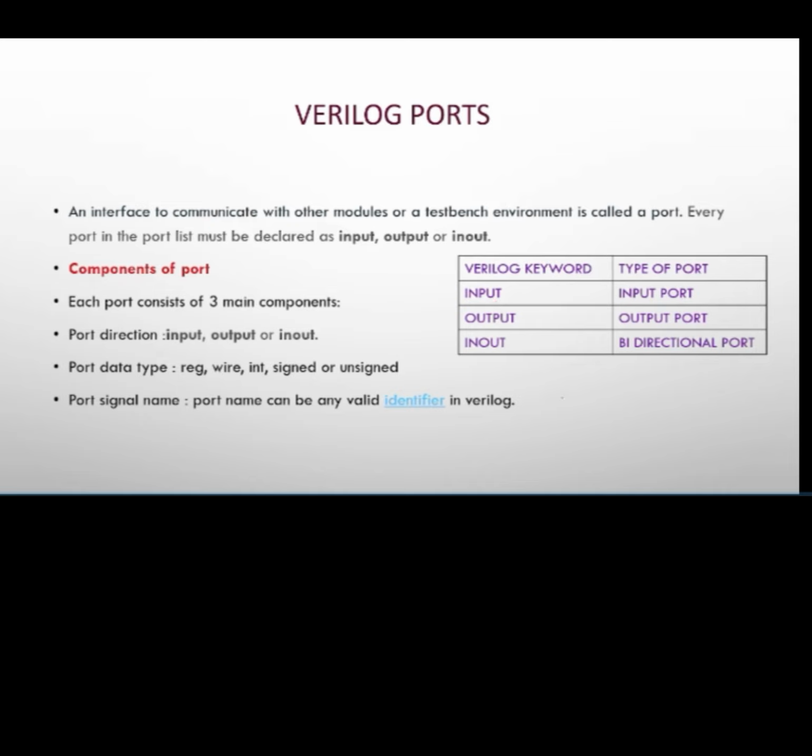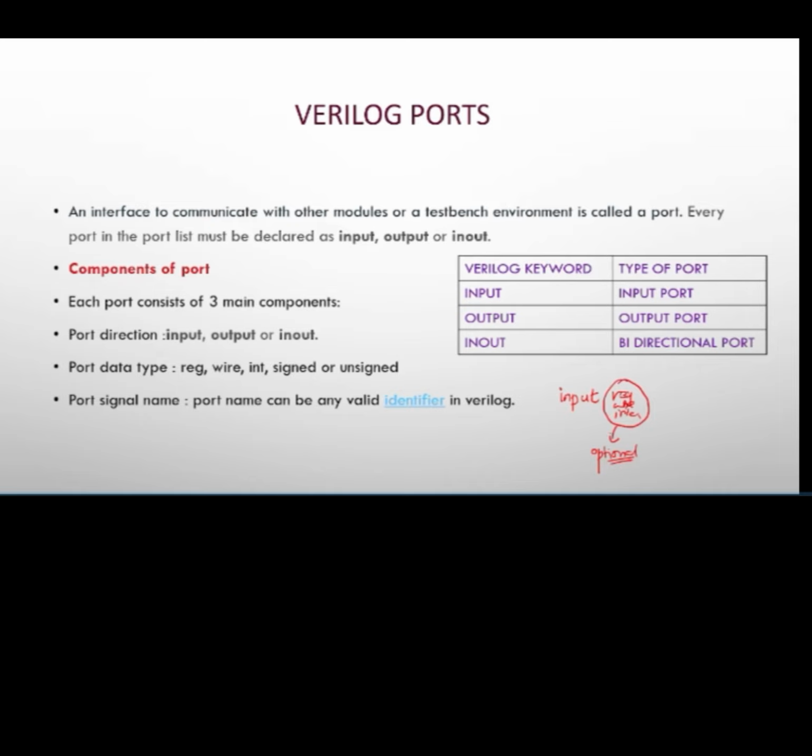So whenever we want to declare something, we'll be declaring it in this way. First the direction, which direction it is, whether input, output or inout, followed by the data type, whether it is reg, wire or anything like integer. This data type is optional, based on our usage, it is our wish whether to declare it or not.